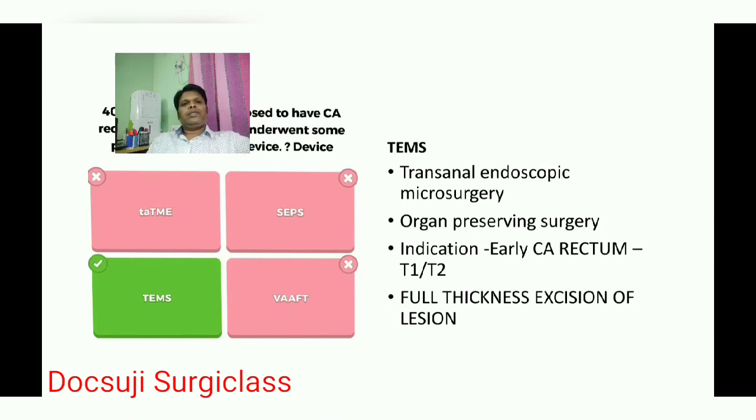What is TEMS? TEMS is transanal endoscopic microsurgery, one of the commonly used organ preserving surgeries. The indication for this surgery is early carcinoma of the rectum, that is T1 and T2 lesions, where you take a full thickness excision of the lesion. That is called TEMS.